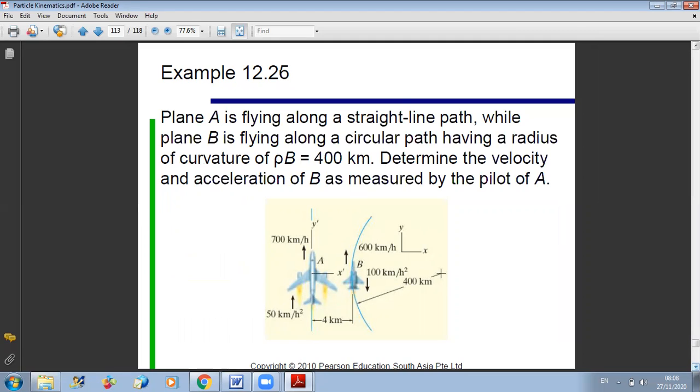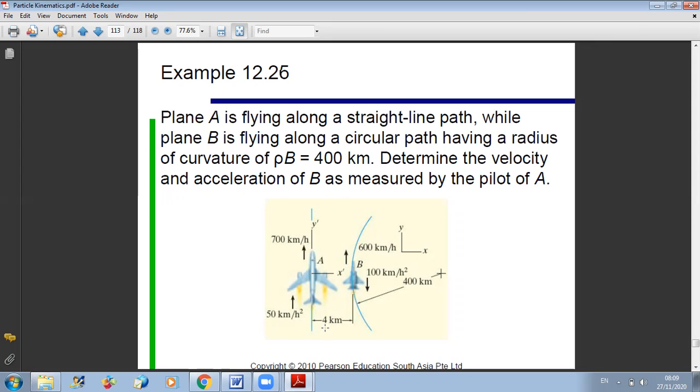Determine the velocity and acceleration of B as measured by the pilot of A. So in this problem, we have A in translation and B moving along a curve. So as you remember, we said to apply the relative relations that we know, the body should be in translation. This is why in this problem they ask for B relative to A. They cannot ask us A relative to B because we don't know what to do if we have a rotation of B.